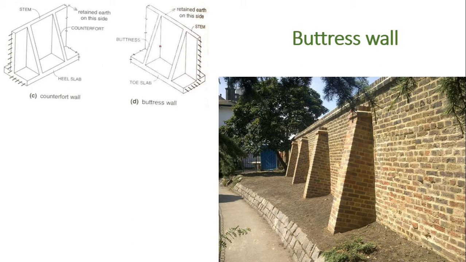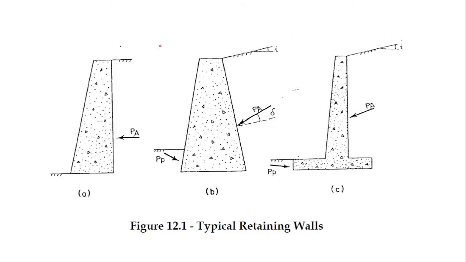So this is the basic difference between the counterfort and buttress, because many times students get confused about the basic difference. So do remember, in a counterfort retaining wall we provide the counterfort on the backfill side, and in a buttress wall we provide the buttresses opposite to the backfill. Okay, so this is the difference.